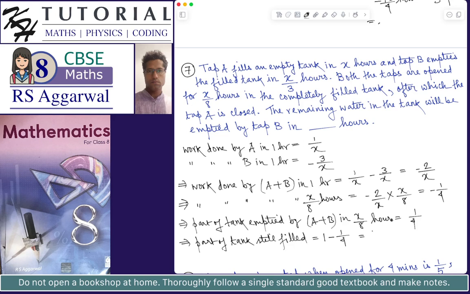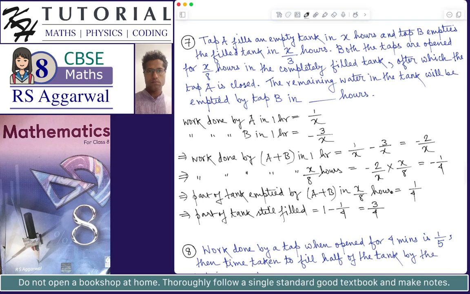This is equal to 3 by 4. So 3 by 4th part of the tank is still filled with water, and this has to be emptied by tap B, and it is asking for the remaining water in the tank. The remaining water means in this problem 3 by 4th part of the tank. So the remaining water in the tank will be emptied by tap B in how many hours?